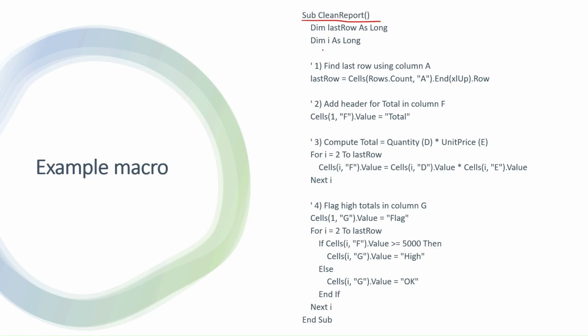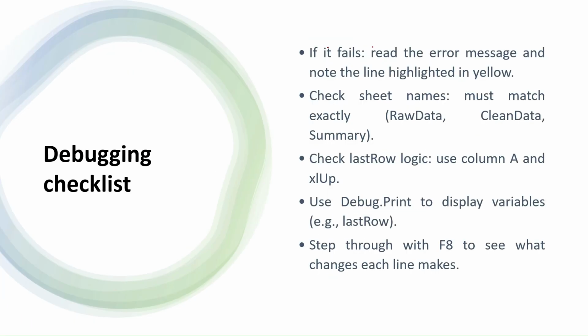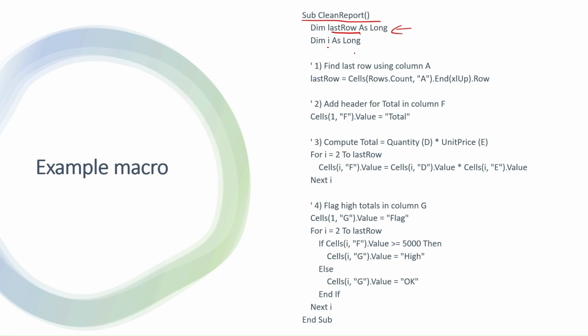And then you have Dim lastRow As Long. That is creating a variable called lastRow, which is used to store the last data row number. And then you have Dim i As Long. This is creating a variable called i that will move through the rows in a loop.